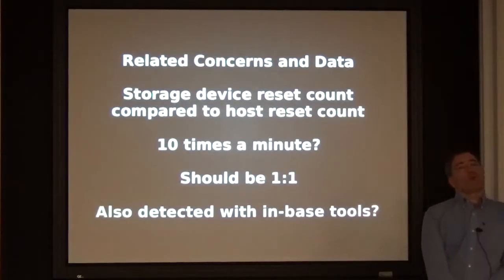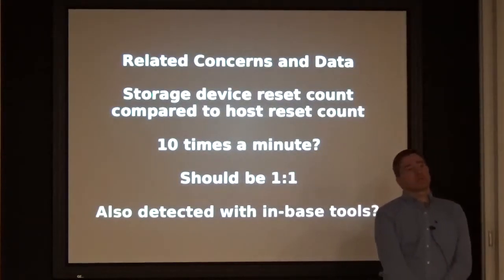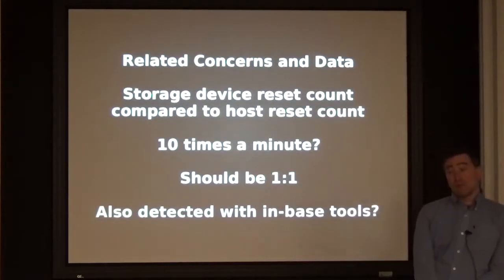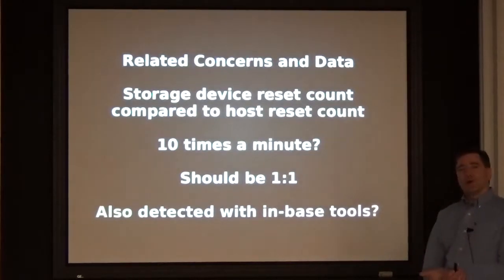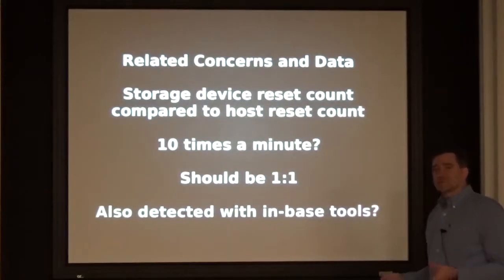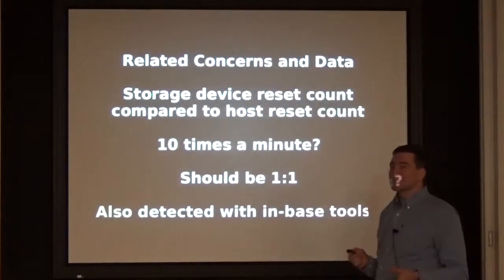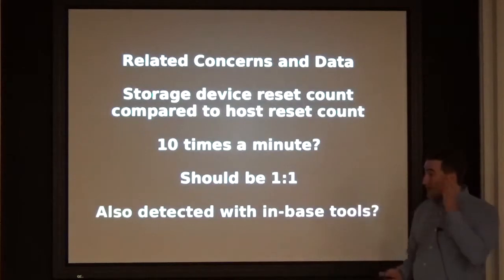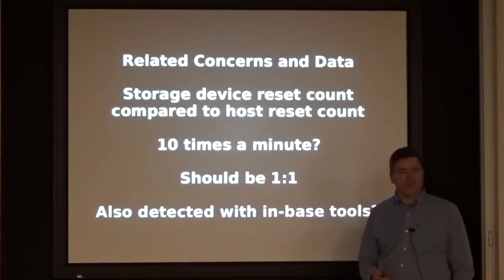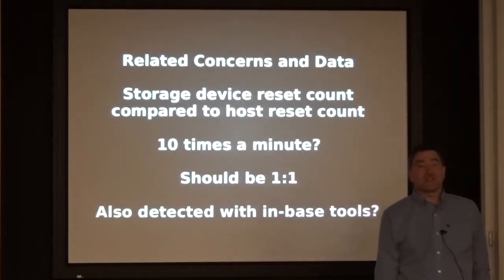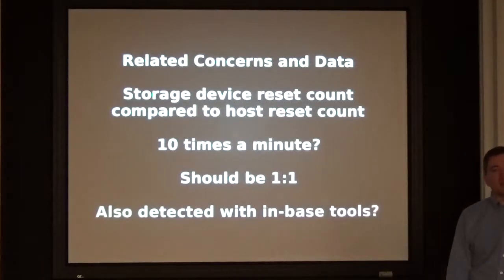And so in my conversations, Sean Chittenden, a FreeBSD developer, kindly pointed out, well, when you know how often a specific device is reset, and you know how often the enclosing server is reset, some very simple math can be performed to say, you know, wait a minute, why is this one device out of, say, 90 in one case, resetting, say, 7 times a minute?